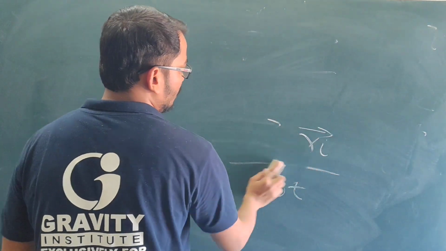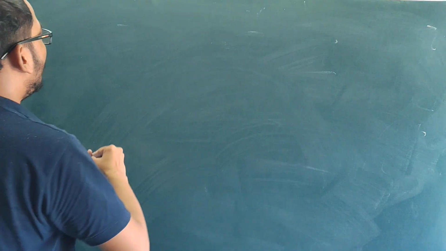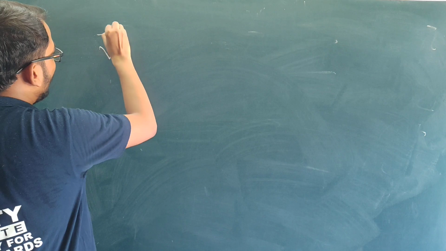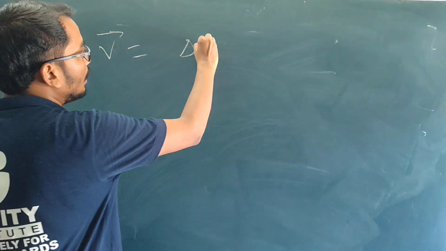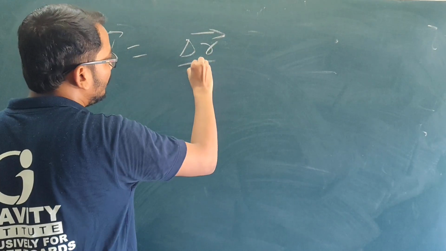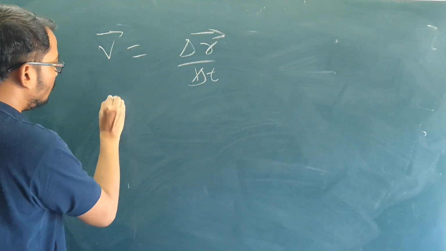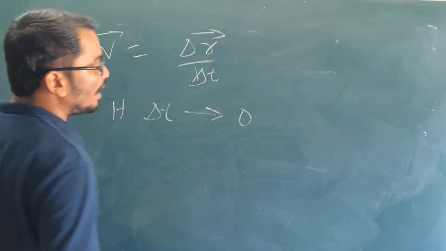Suppose I write V equal to delta R divided by delta T. If delta T tends to 0, what does it mean?